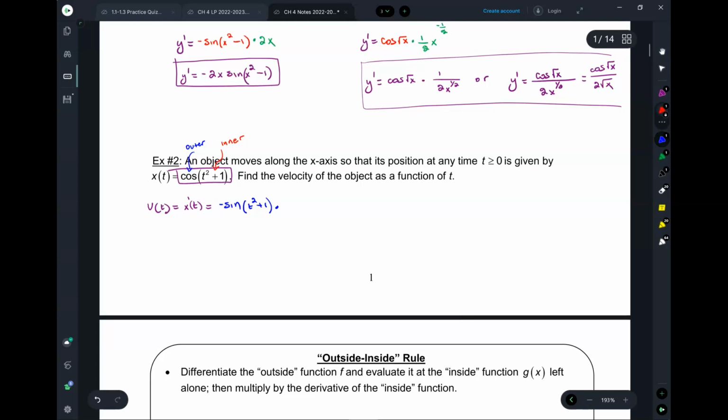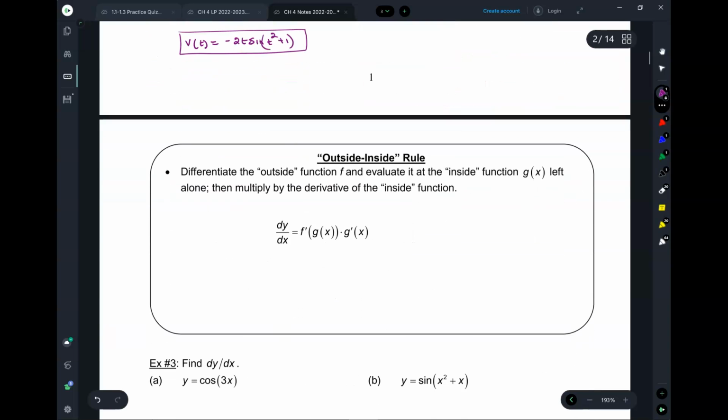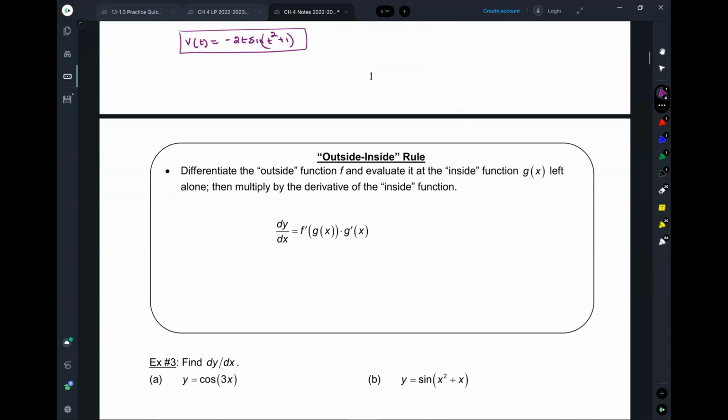Times. Now I need to take the derivative of that inside function, t squared plus 1. That's just 2t. So finally, v of t is equal to negative, bring the 2t forward, sine t squared plus 1. That's all.